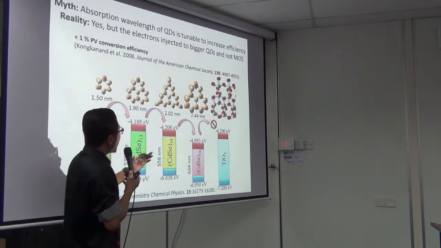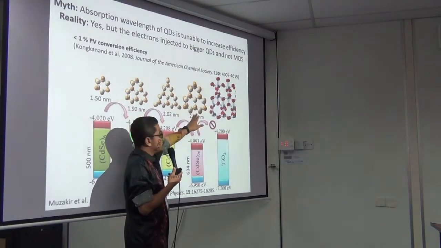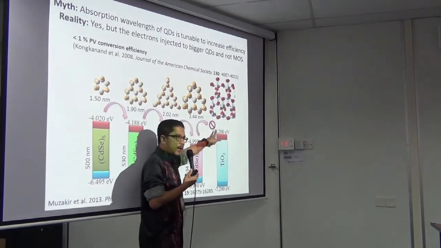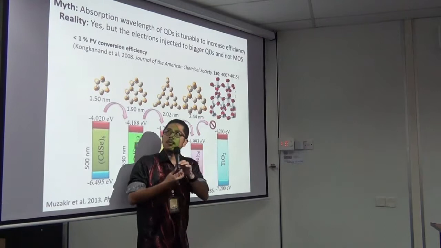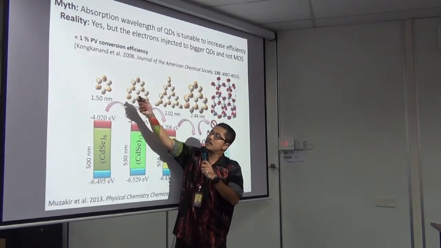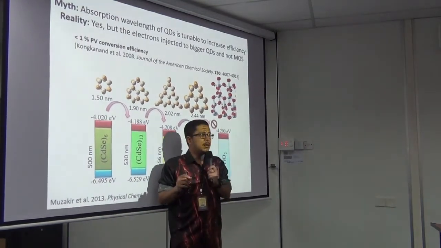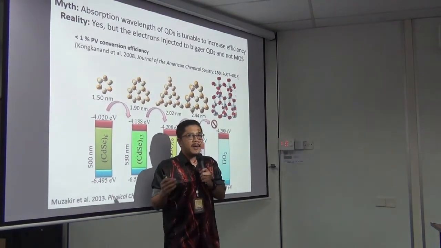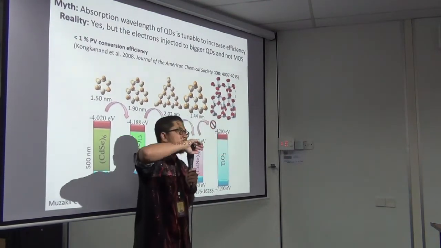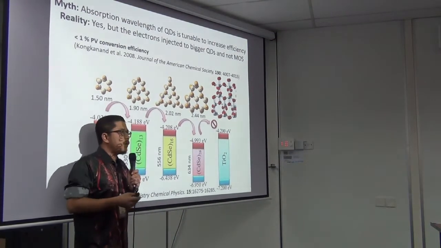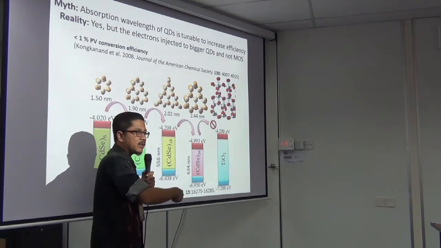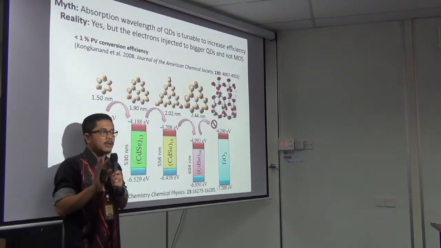Okay, if this quantum dot is not good and electron injection could not happen, why did he still get a small amount of efficiency? Meaning that certain electrons could be injected. Why? Back to the question again: the ability of human beings to control nano reactions in the device, we cannot control. We are not God.